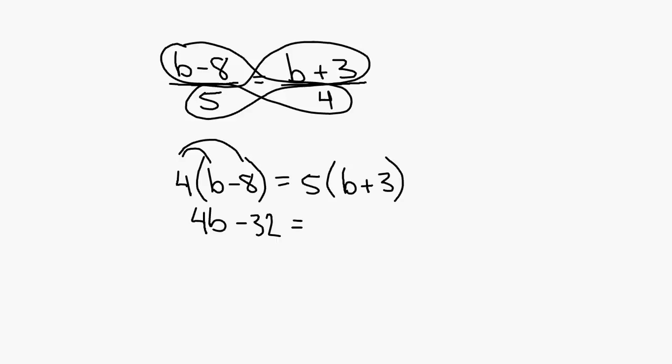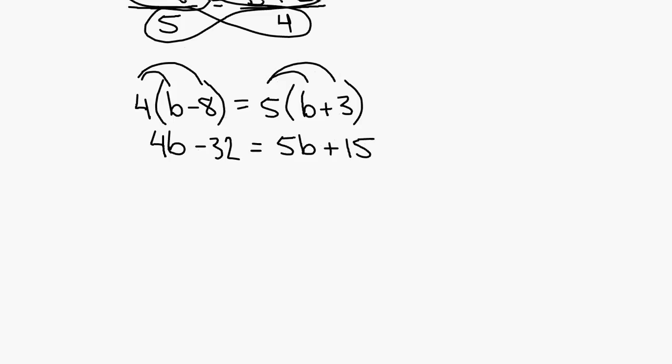And that's equal to 5 times b plus 5 times 3, which is positive 15. Alright, so now this looks more like what you did last week. So you're going to move the variable with the smaller number in front of it. So the 4 is smaller than the 5, so you can subtract 4b from each side.